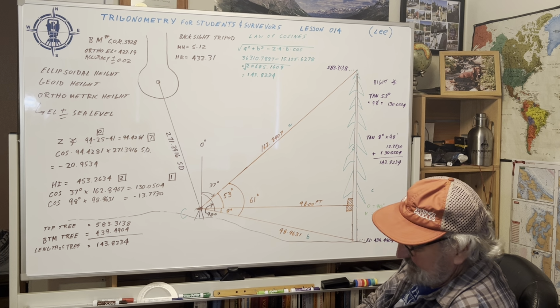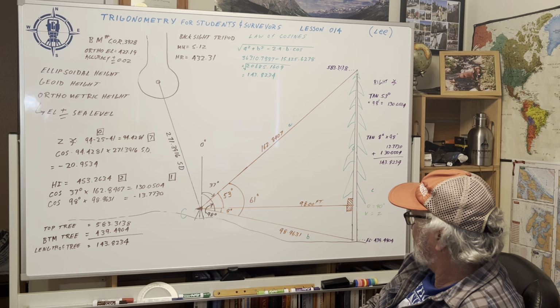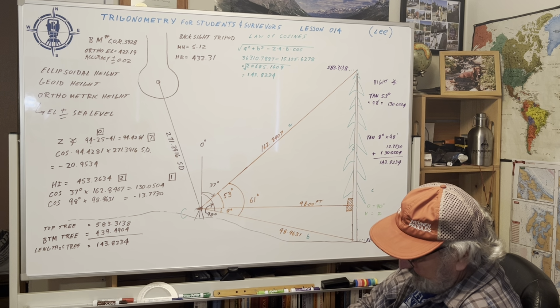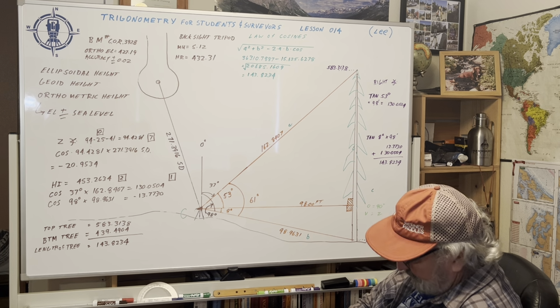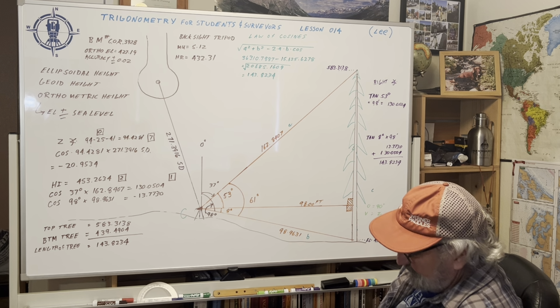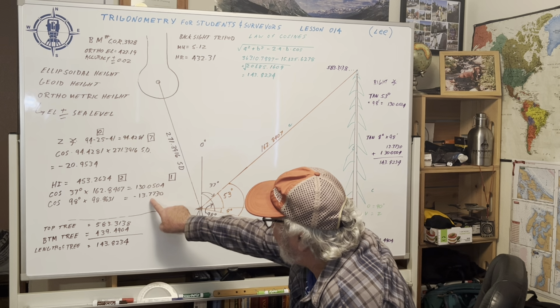Cosine, it's a negative 0.1392. Then we want 98.9631 times 137.730, the distance from this down.